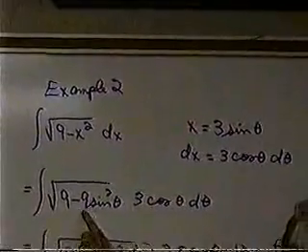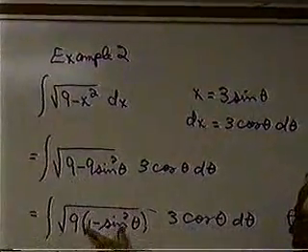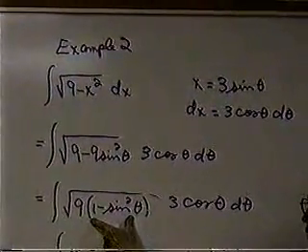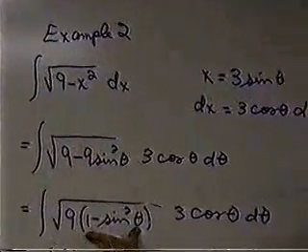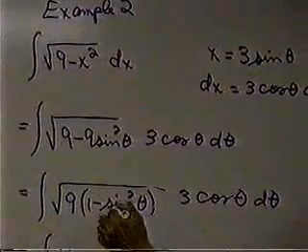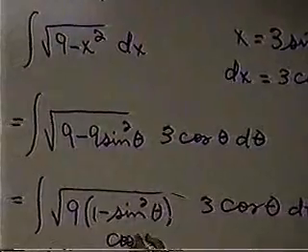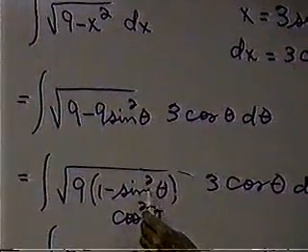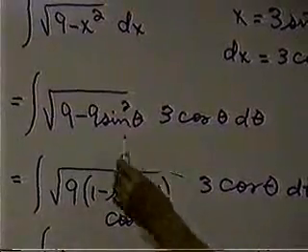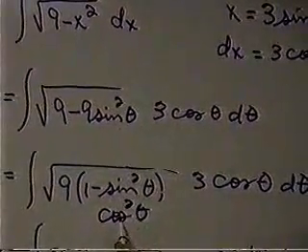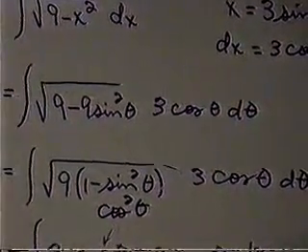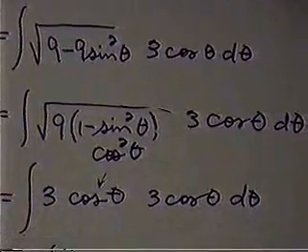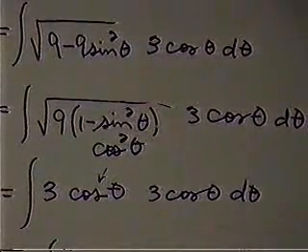Well, factor out 9 here. And that leaves us there. Now, what is 1 minus sine squared? Well, it's cosine squared. So whenever you plug in sine as your substitution, it's going to come out to be cosine.